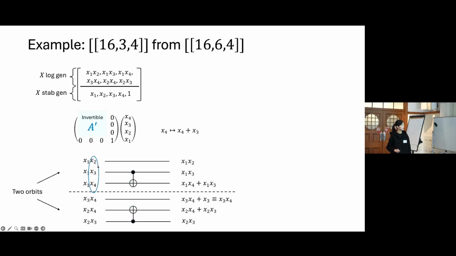By orbits, I mean these things transform under this automorphism permutation within themselves, but not across the 2 orbits. So a way to get rid of this extra logical action is by fixing them to say all 0 or all plus. Because if this is all 0, then any CNOT gate on all 0 input is just nothing. So yeah.